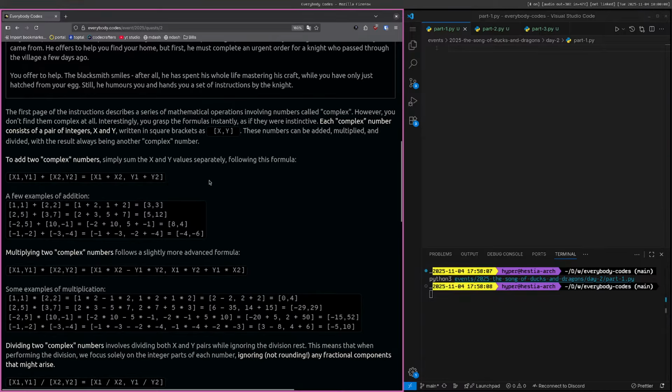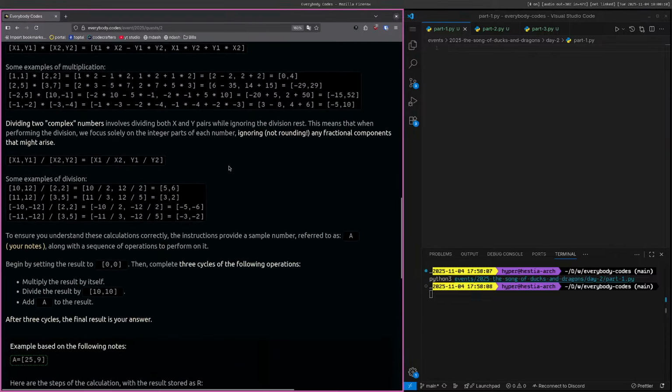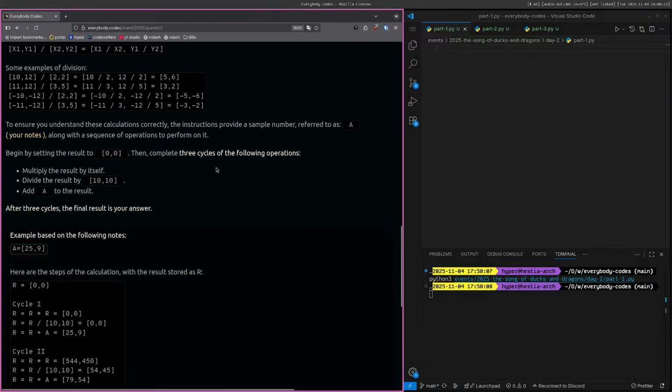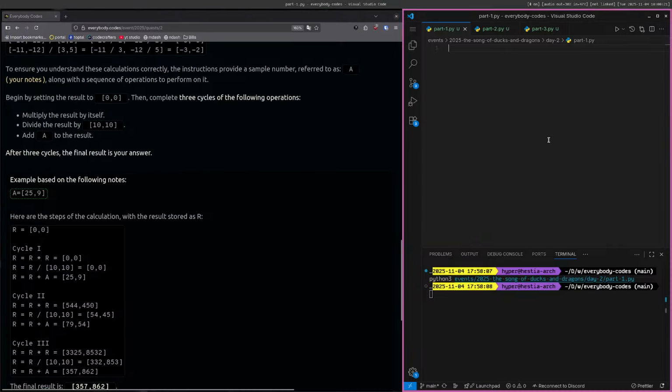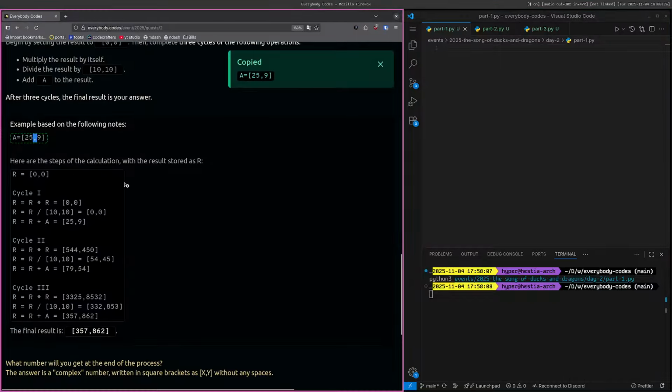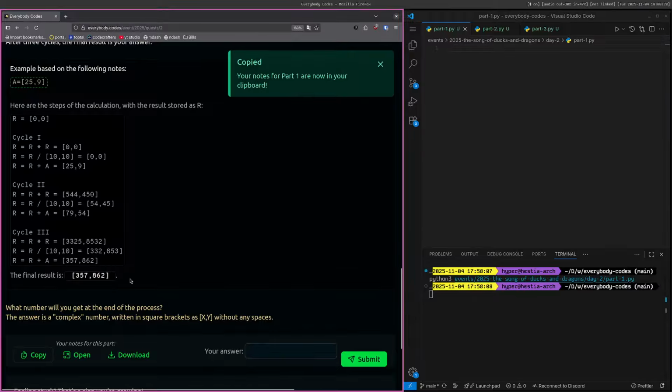Ooh, complex numbers. I like those. Okay. So that's an annoying input format.